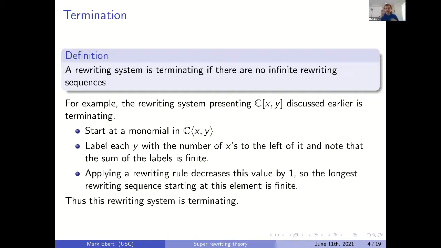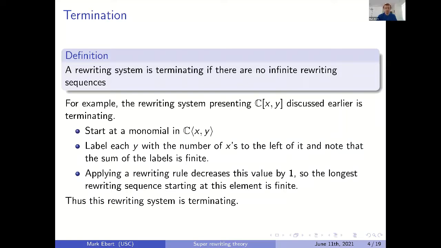As such, a rewriting sequence starting from the described element goes to a decreasing sequence n, n-1, n-2, and eventually it reaches 0, at which point we cannot rewrite it anymore. So the longest rewriting sequence starting at this element is finite. This type of proof is used very commonly to show things are terminating. So this rewriting system is terminating.